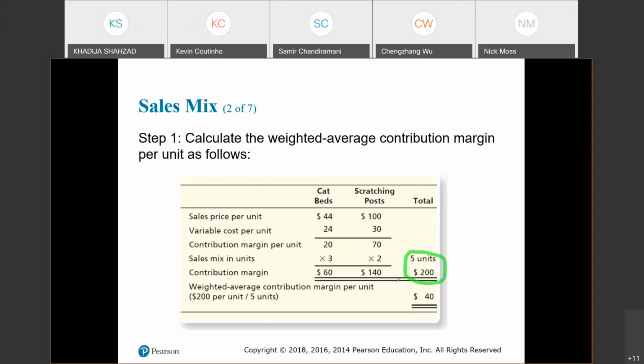So for each unit, the weighted average contribution margin is $40. We use $200 divided by 5 units. No matter what unit it is, it is just 1 unit.